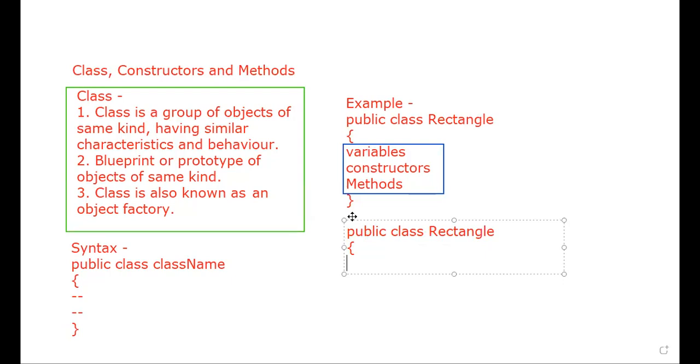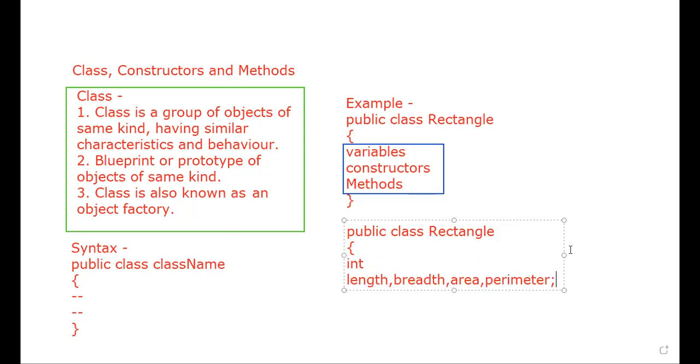What all things can you assume a rectangle can have? Opposite sides are equal, that is a characteristic. Integer length, breadth, and it can be decimal also, area, perimeter. Okay, these are the variables.